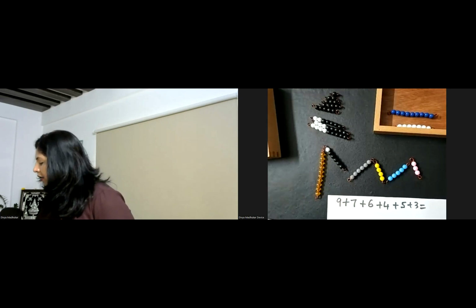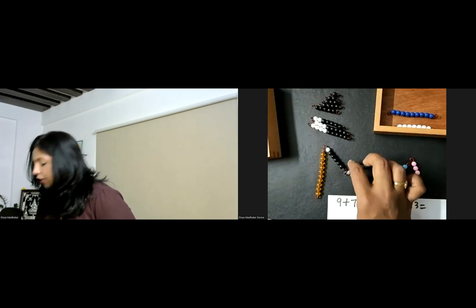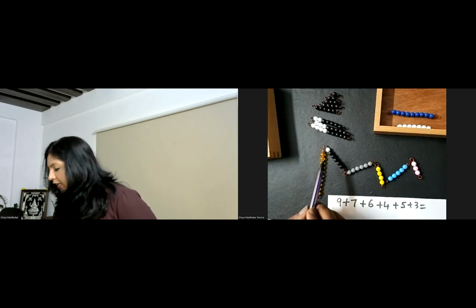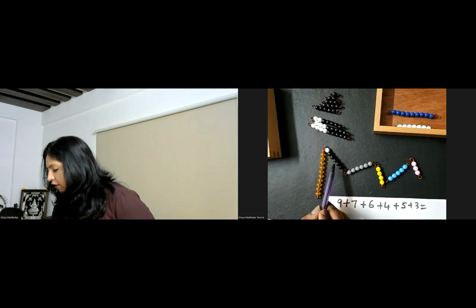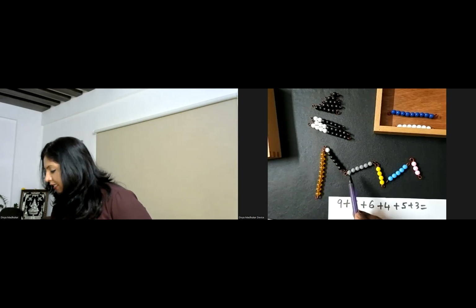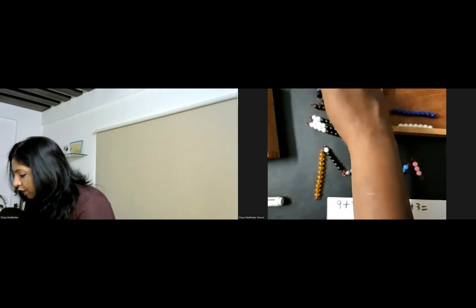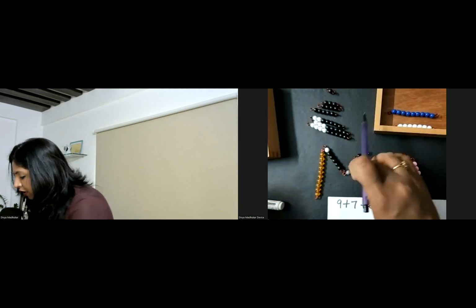Correct? Yes. Now I have to start counting from where? Black. From this one, from the tens quantity. So 1, 2, 3, 4, 5, 6, 7, 8, 9, 10. How many are remaining? 2 are remaining. So I have to take my 2 here.